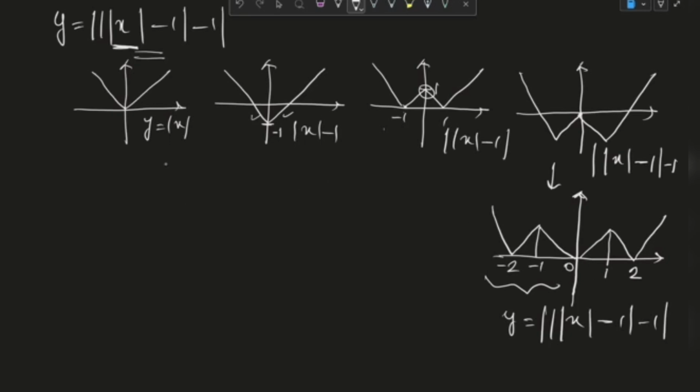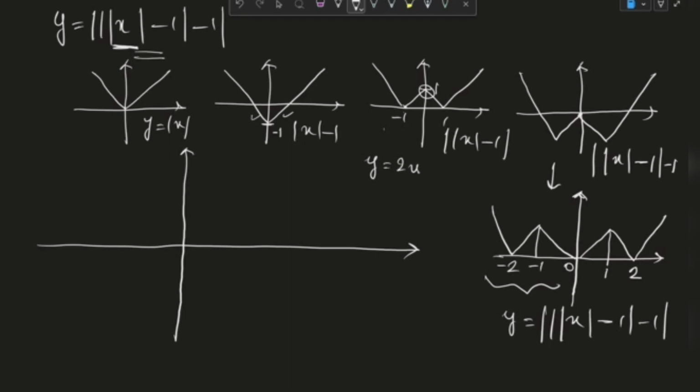Now if we try to draw the graph for this particular question, this will be a bit big. Our first part was from minus infinity to x less than or equal to 1. It was y equal to 2x plus 2. It passes through -1 and y equal to 2.